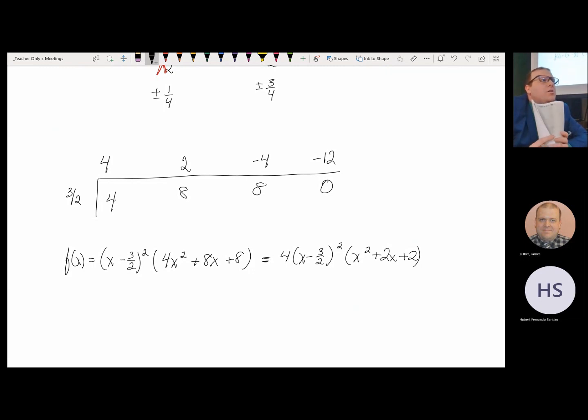Factor out 4. It's not going to change the zeros. Right? Just makes dealing with quadratic formula easier because that cannot be factored.